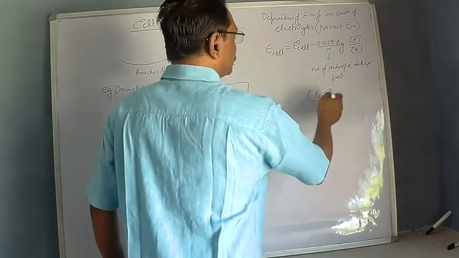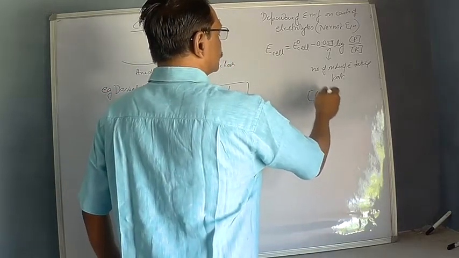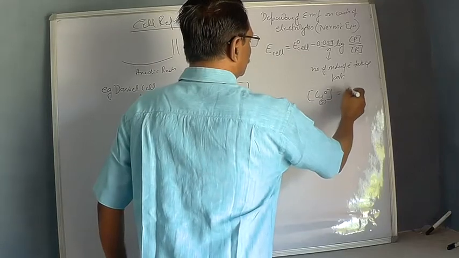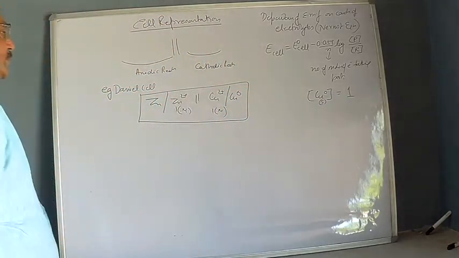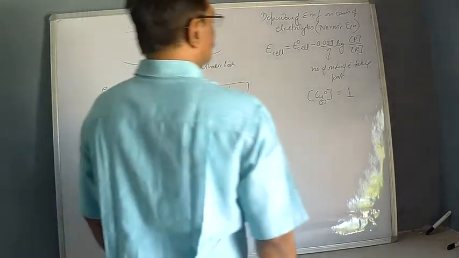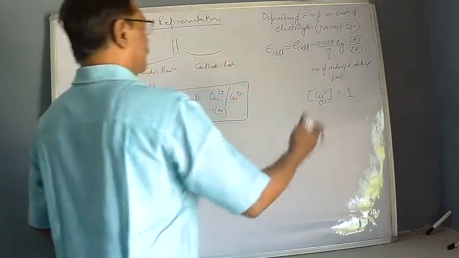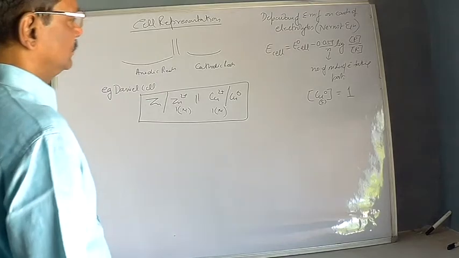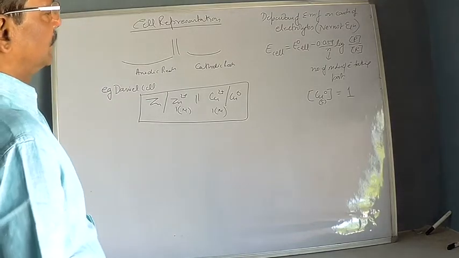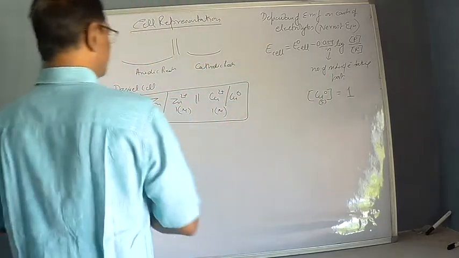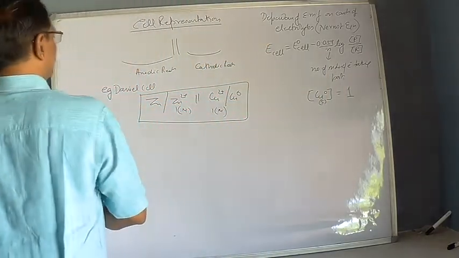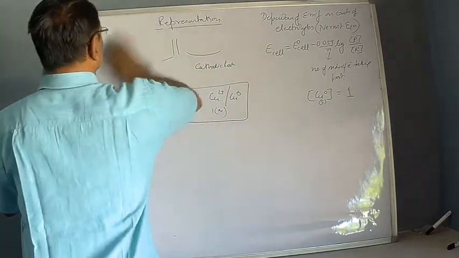So, what concentration have we taken for solid species? Remember, it was 1 only. So during cell reaction, if I get anywhere copper 0 or any metal having 0 charge, it means it is in its solid state, and the solid state concentration is always taken as 1 molar. So class, let's have a numerical based on this.